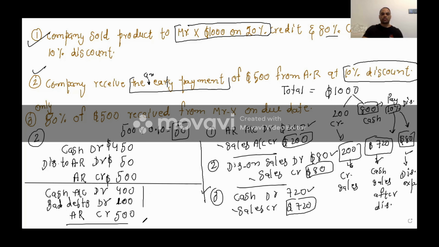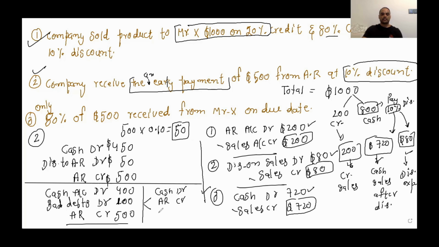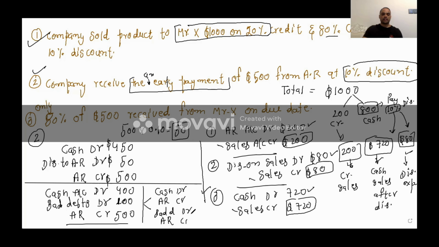If you want, you can make 2 journal entries here. The first journal entry is cash, debit, account receivable, credit, and second is bad debts, debit, and account receivable, credit.